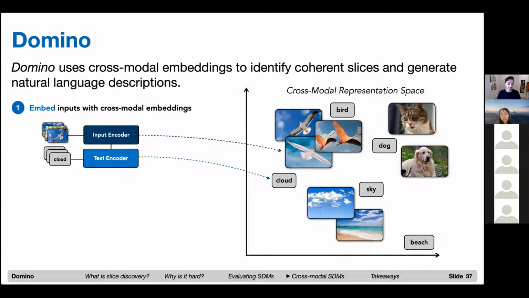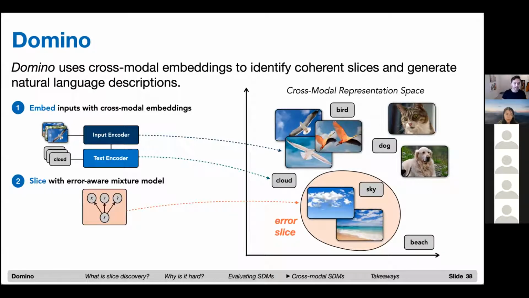For our natural image settings, in which we're using images like ImageNet, CelebA, etc., this cross-modal embedding function can be sourced from large pre-trained multimodal models like CLIP. But for other domains, like our medical image and medical time series data, we pre-trained our own cross-modal embeddings from paired input text data sets. It's important to note, though, that it is not required that the validation data that we're using to evaluate the model be paired. We just need some external data set on which you can train the encoder.